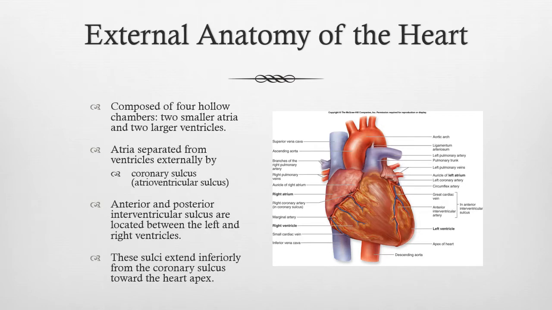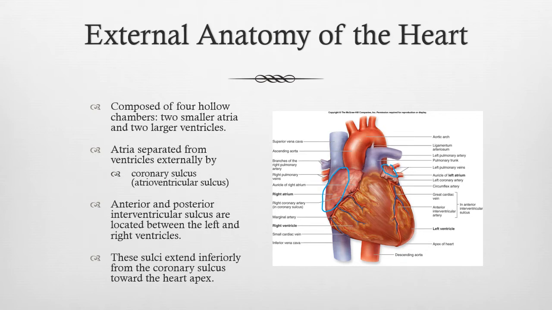If we were to look at a specimen of the heart itself, we'd be able to see a few different things from just the outside, the external anatomy. We're going to see things like the atria: the right atrium over here, and part of the left atrium. The majority of the left atrium is actually a posterior structure.